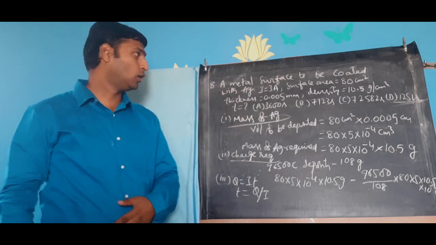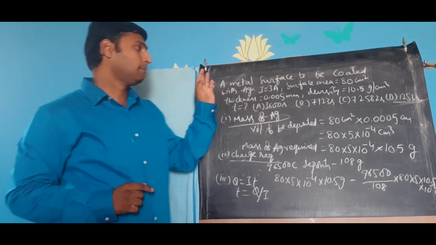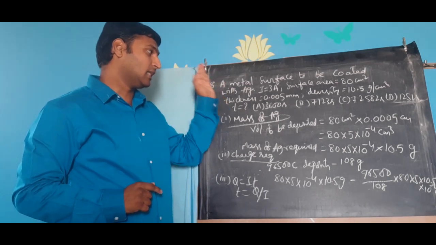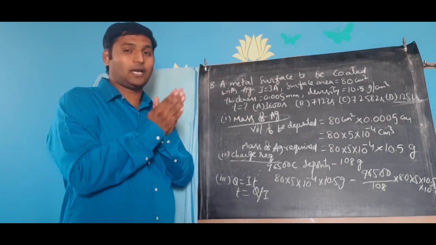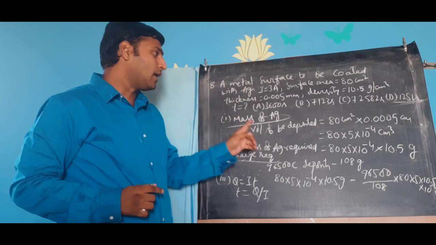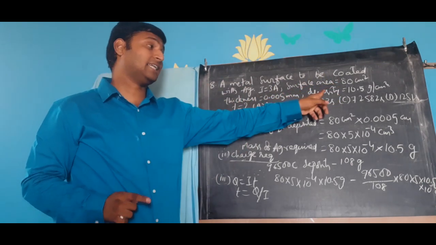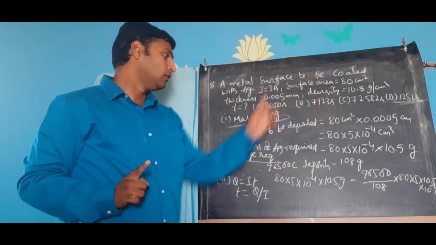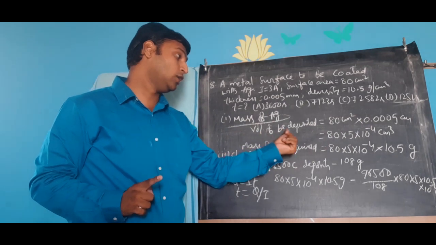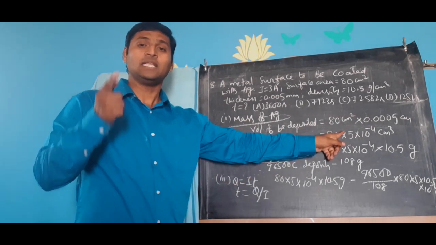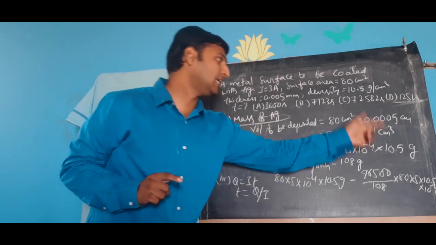Okay, once I'll quickly revise this question. See, there was a metal on the surface of which, from silver nitrate solution through reduction, silver had to be deposited. Now he has given dimensions of the metal, surface area and thickness, and he has given density of silver. Now from the dimensions, area and thickness, we have calculated the volume of the metal to be deposited. So that is nothing but the volume of silver required. Then he has given density of silver.